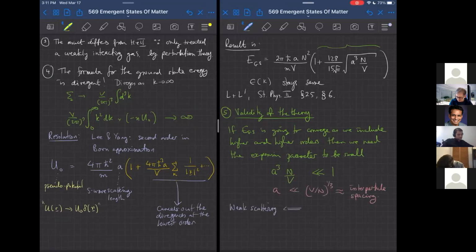Which also means that the forces are short range. And forces being short range means that the scattering length is much less than the interparticle spacing.